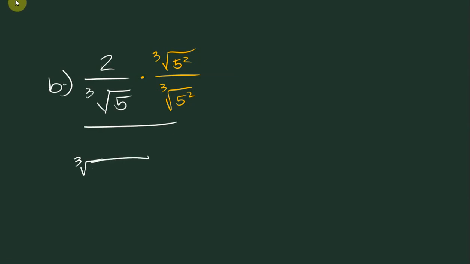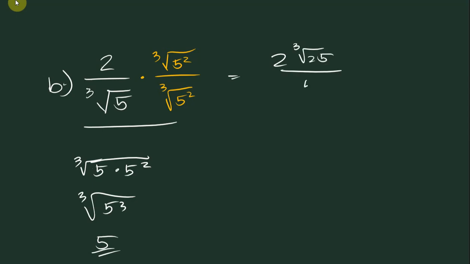From the property of radicals, this is like the cube root of 5 times 5 squared, right? So this will be 5 cubed. So the cube root of 5 cubed is therefore 5. So this will then be equal to 2 times the cube root of 25 all over 5.